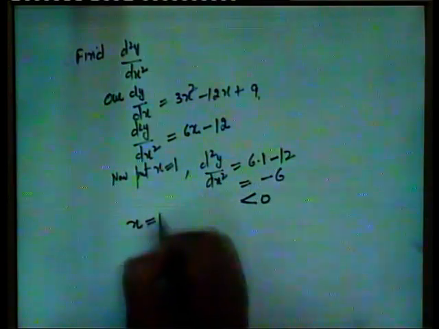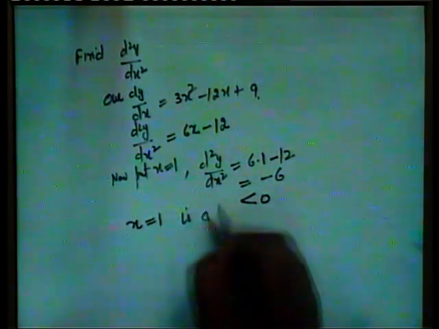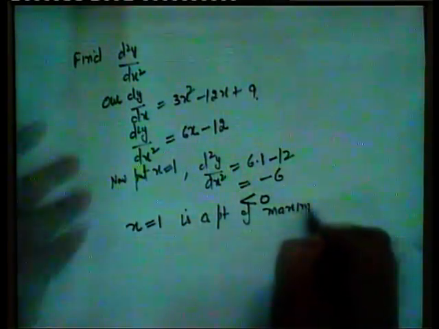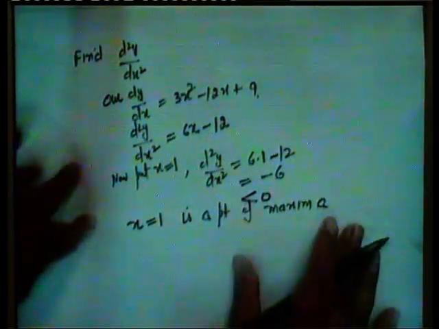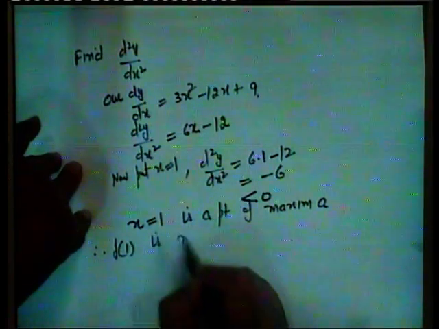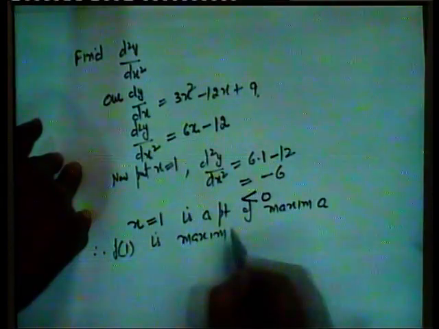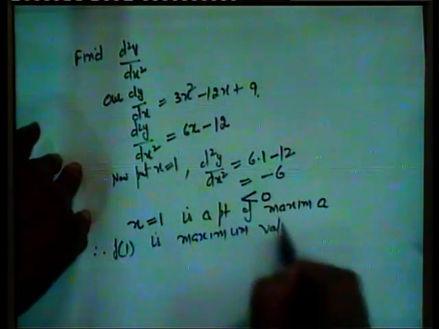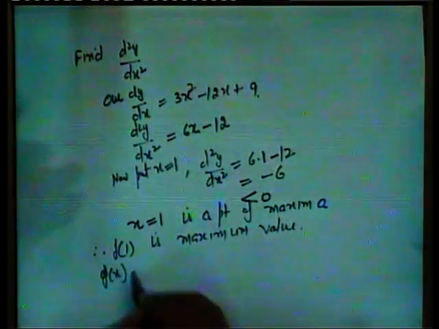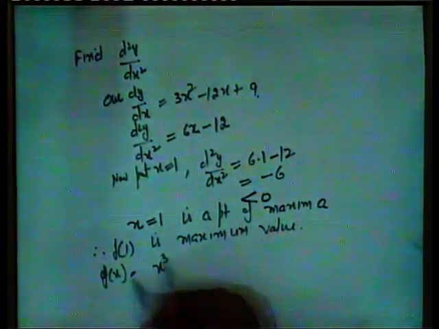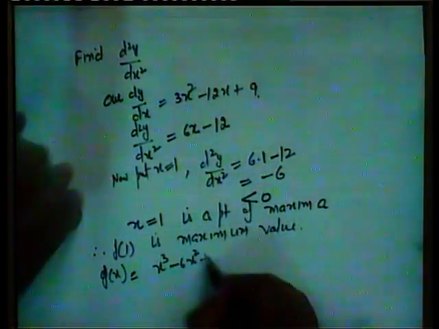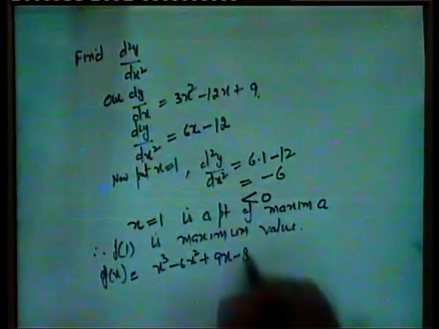Therefore, x is equal to 1 is a point of maxima, and f(1) is the maximum value. f(x) is x cube minus 6x square plus 9x minus 8.